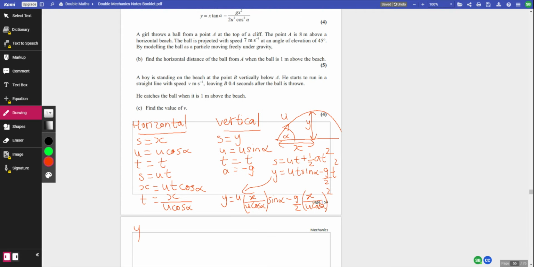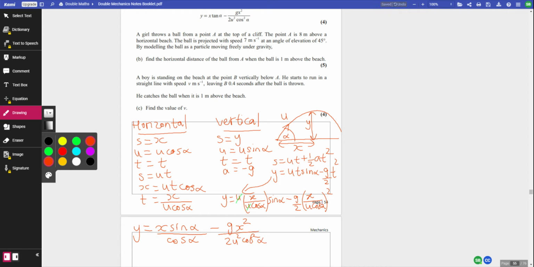Then we can simplify that down. The u's cancel. So y equals x sine alpha over cos alpha minus gx squared over 2u squared cos squared alpha.